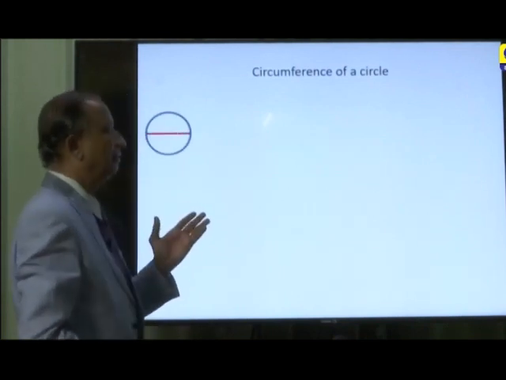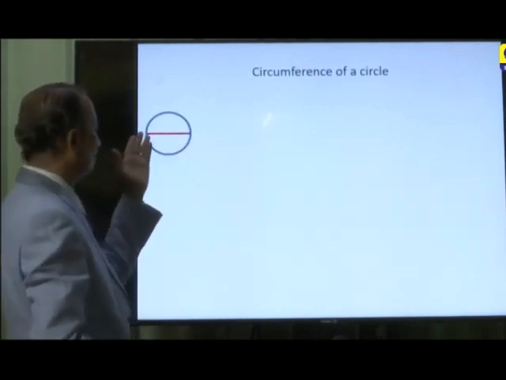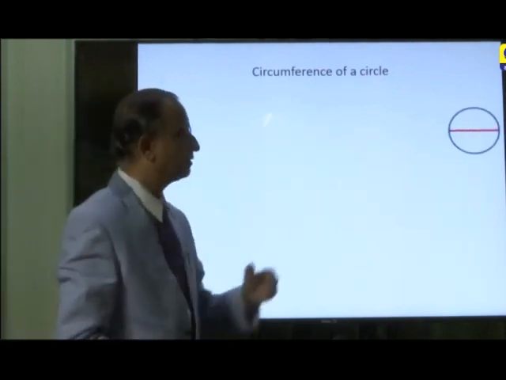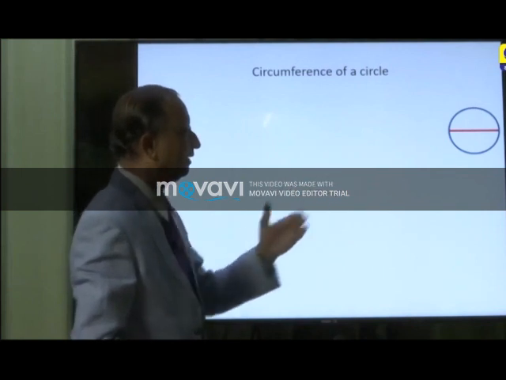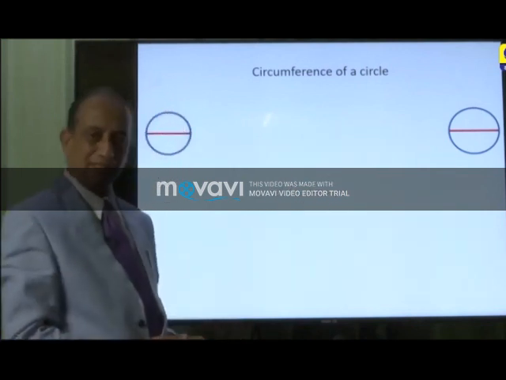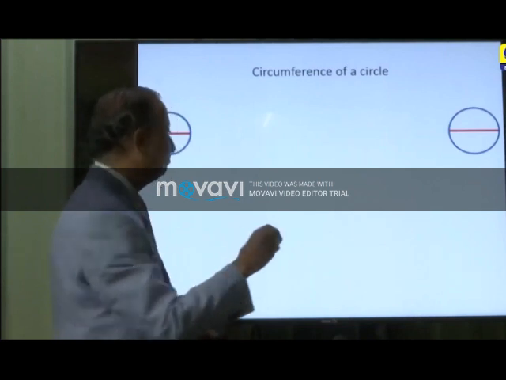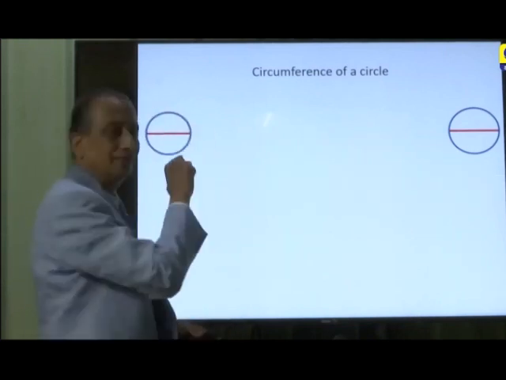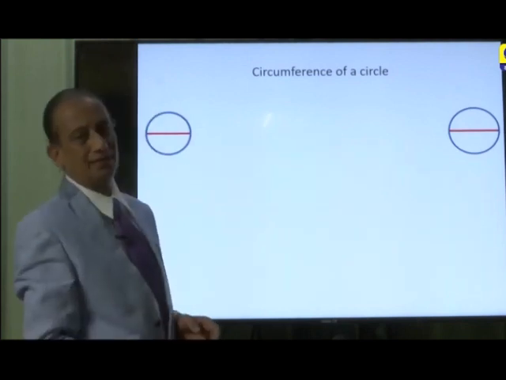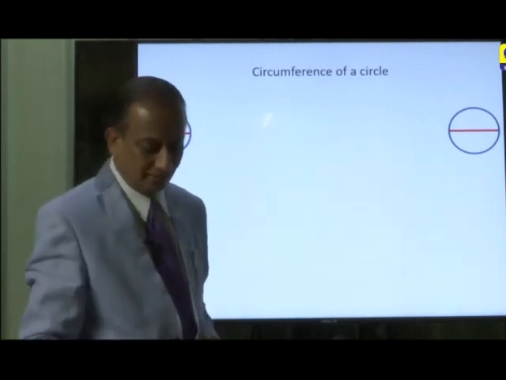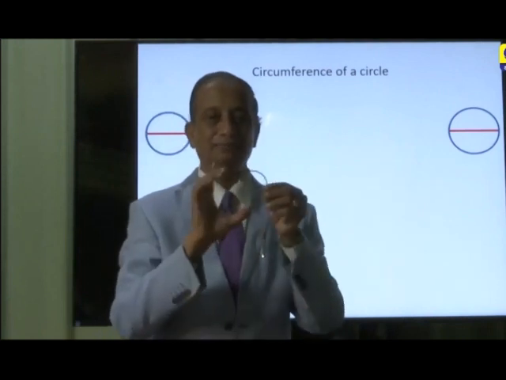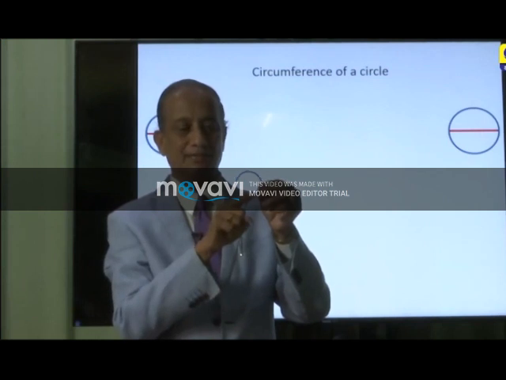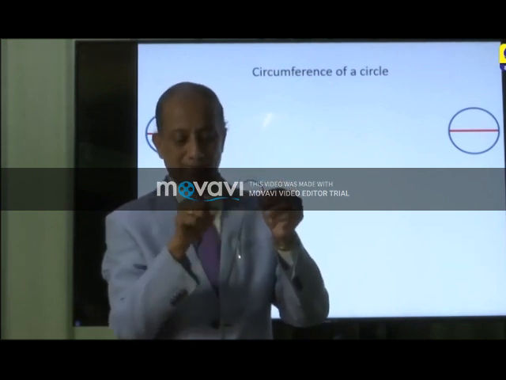Here is a circle with a diameter, and on the other side there is one more bigger circle with its diameter. We shall try to understand, is there any relationship between the diameter and the length of this curve, that is, the circumference? Let us try to explore it. You can see here in this bangle, look at the diameter and the circumference. It has some circumference for this diameter.